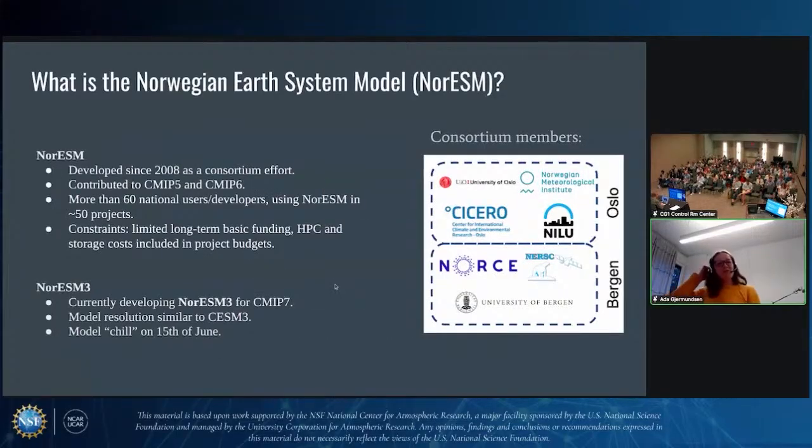So just briefly, what is NorESM? It's been developed since 2008. It's a consortium effort, so we have 7 Norwegian institutes contributing. So it's not one partner responsible. We're doing this jointly. We contributed to CMIP5 and CMIP6.